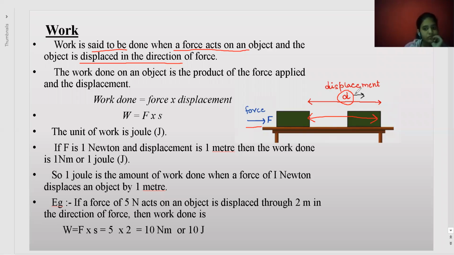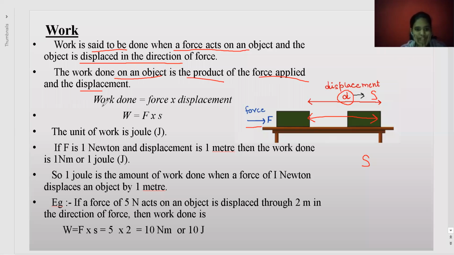Okay, understood? And as we have discussed in the previous chapters, in those we have discussed 3 equations of motion, and you all may know that distance or displacement is generally denoted by the letter S. So here also we will be denoting this displacement by letter S. So according to that, our formula of the work done becomes: work done on an object is the product of force applied and the displacement.